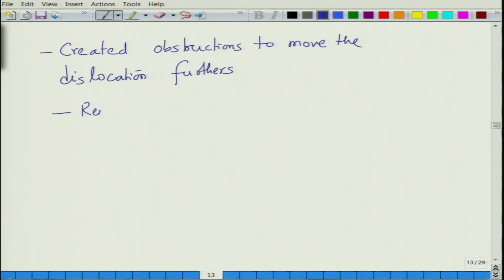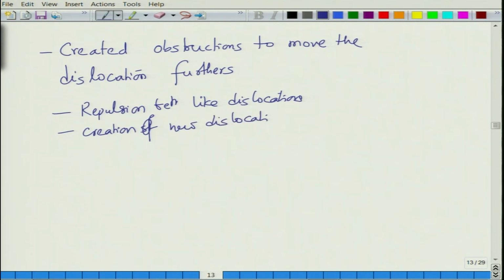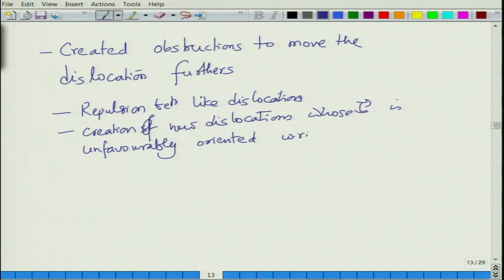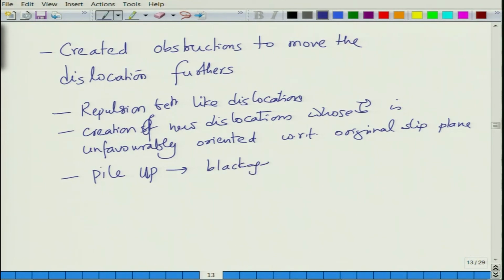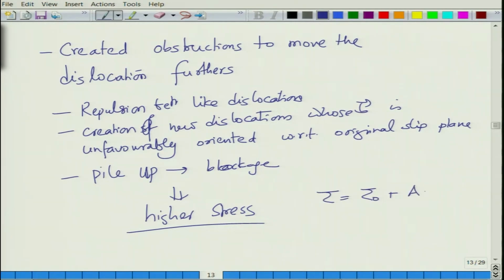So, it could be in the form of repulsion between like dislocations, it could be in the form of creation of new dislocations, whose Burgers vector is unfavorably oriented with respect to original slip planes, because of dislocation pile up leading to blockage, and all of these lead to higher stress.